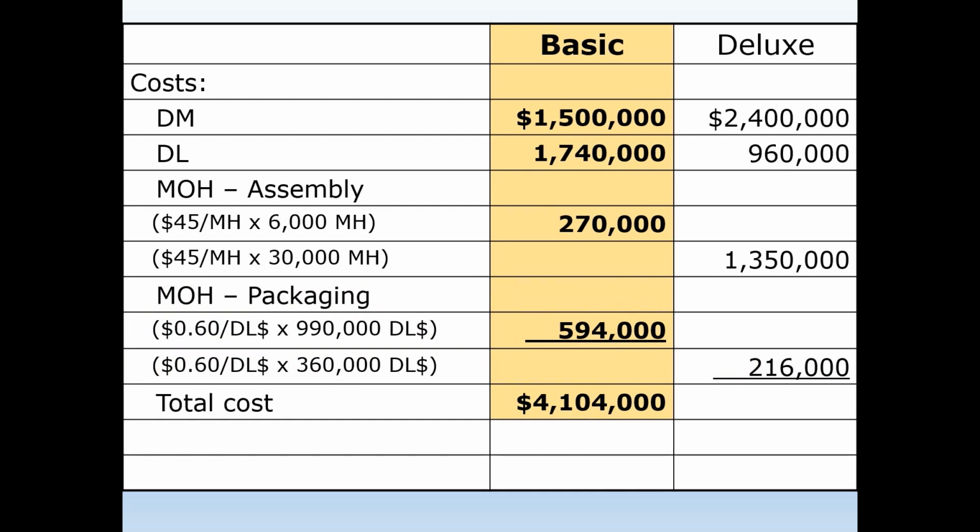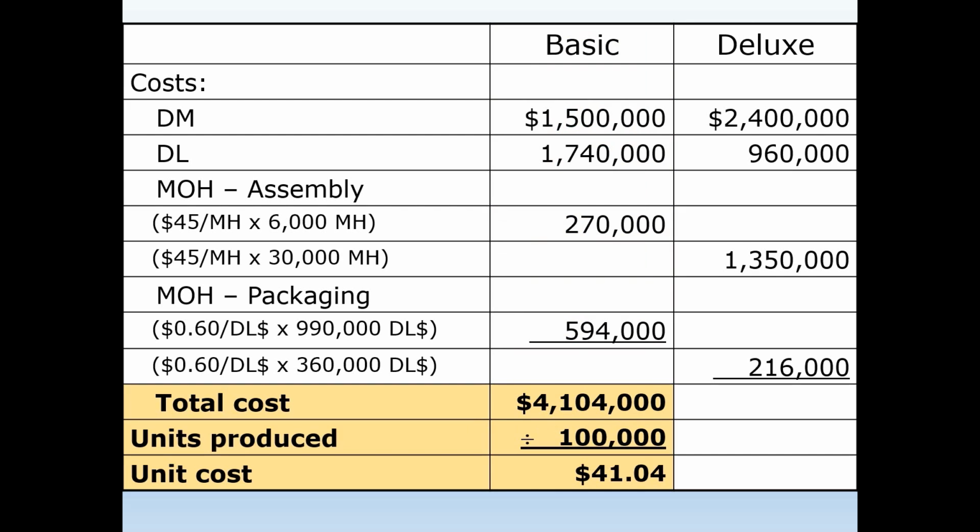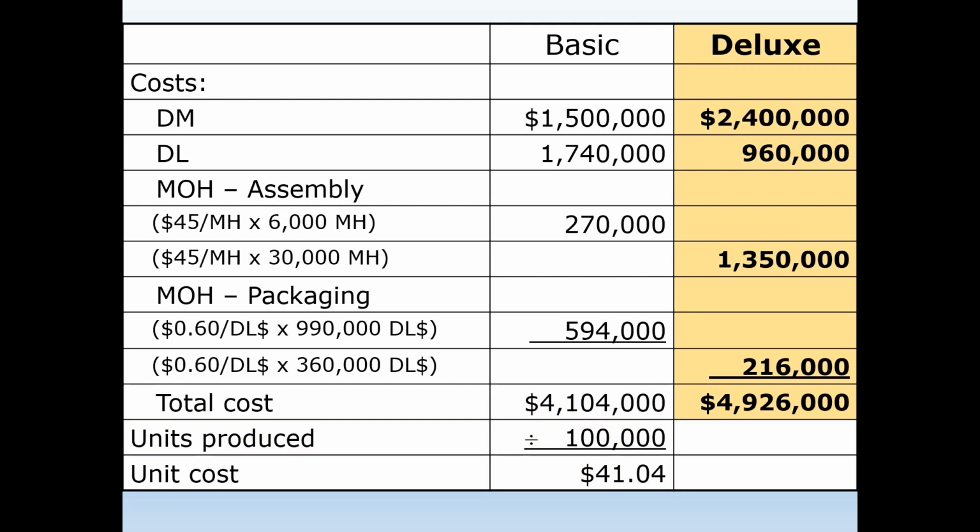Now we can add the direct materials and the direct labor for the basic units to their share of the overhead in the assembly department and in the packaging department to get the total cost for the basic units, and divide by the total number of basic units produced during the period to get the cost per unit. We can do the same thing for the deluxe units by adding the direct materials and the direct labor that went into those units to the assembly department overhead and the packaging department overhead that was allocated to those units to get the total cost to manufacture the deluxe units during the period.